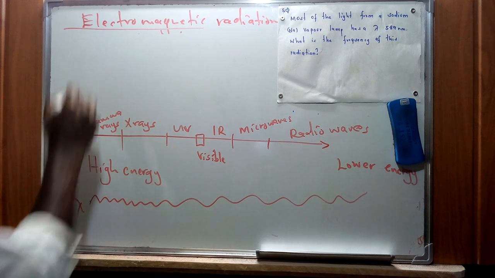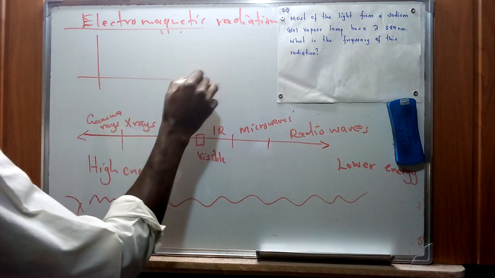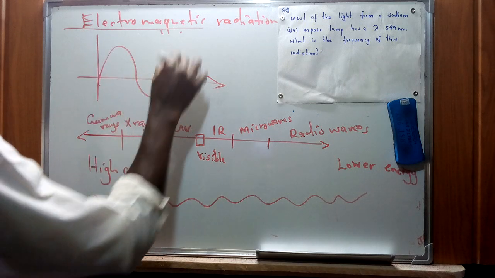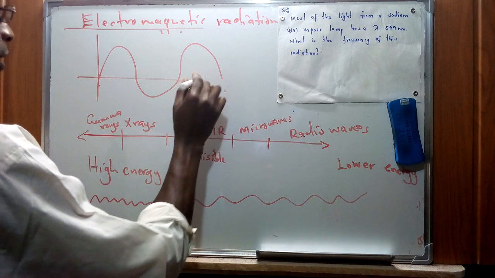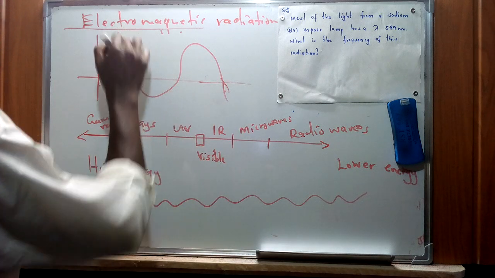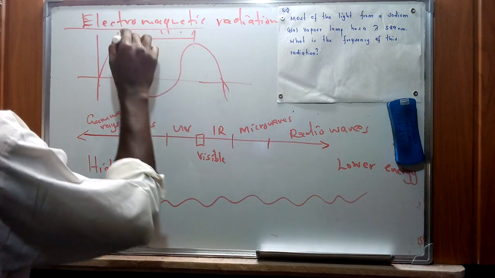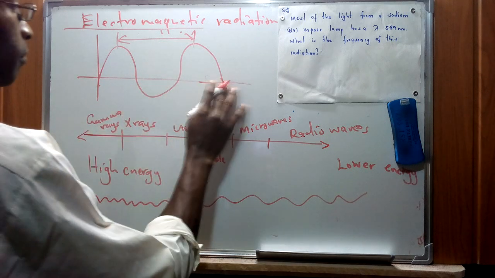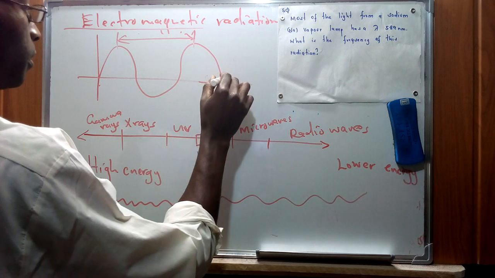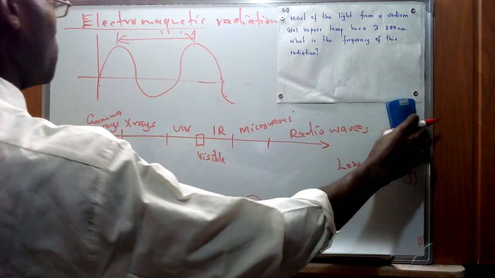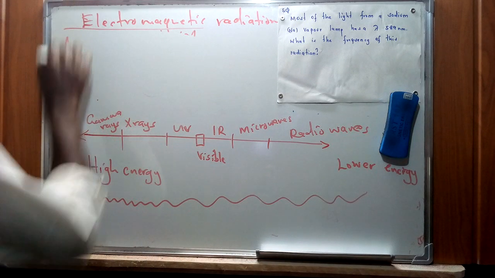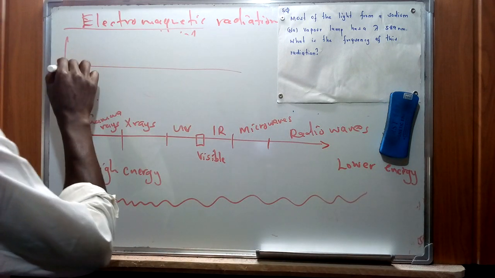When we were talking about the concept of wave anatomy, we said that a transverse wave has different parts, and we said that the distance between a crest and a crest, or a trough, you can just continue this.